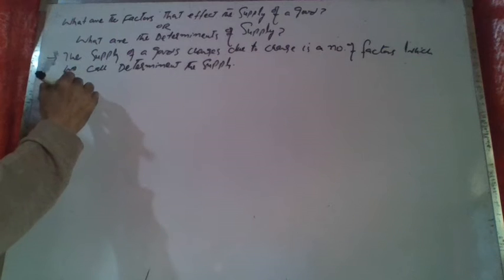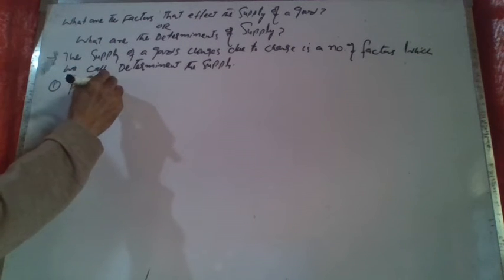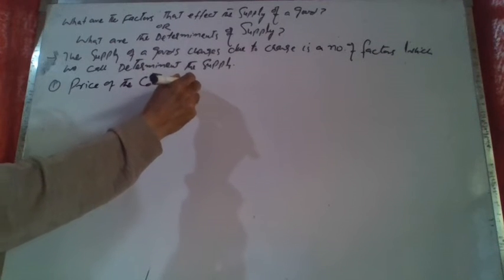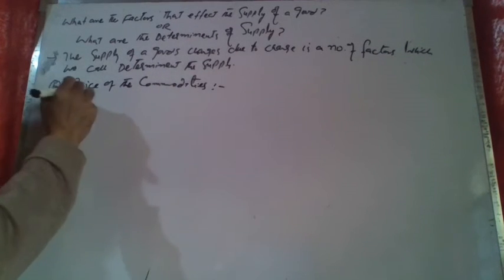First of all, the first factor which changes the supply of a commodity, which brings considerable change, which is an important player in the field of supply, is the price of the good or price of the commodity. जिस कमोडिटी की हम बात करते हैं, जिसके सप्लाई के बारे में हम सोचते हैं कि इसकी सप्लाई कम रहेगी, ज्यादा रहेगी इस चीज की, तो उस चीज का जो प्राइस है, अपना प्राइस है, वो डिटरमाइन करता है कि इसकी सप्लाई ज्यादा रहेगी या कम रहेगी.